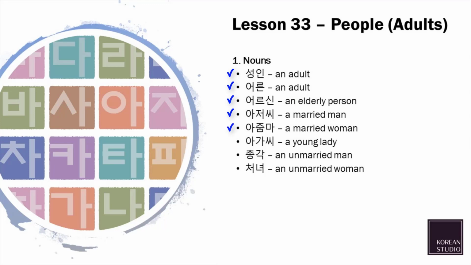Though we need to be careful of addressing women by 아줌마, as this term has some negative connotations. Young ladies can be addressed as 아가씨, and unmarried men can be addressed as 총각, though only those who are older than the person they're addressing can use these terms. When referring to unmarried women, we can use the term 처녀.